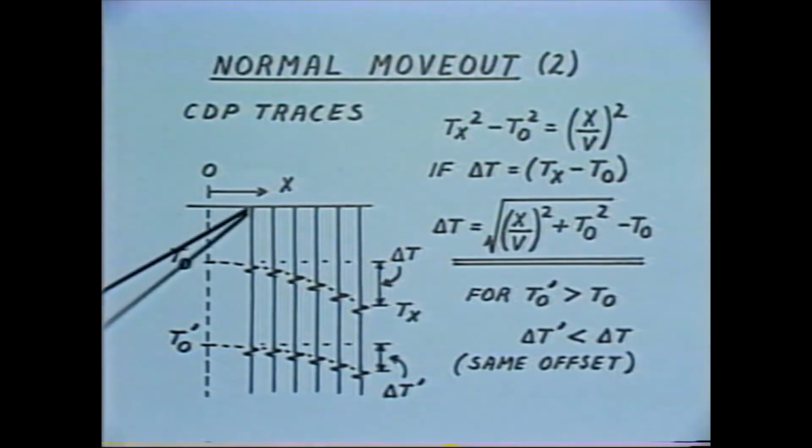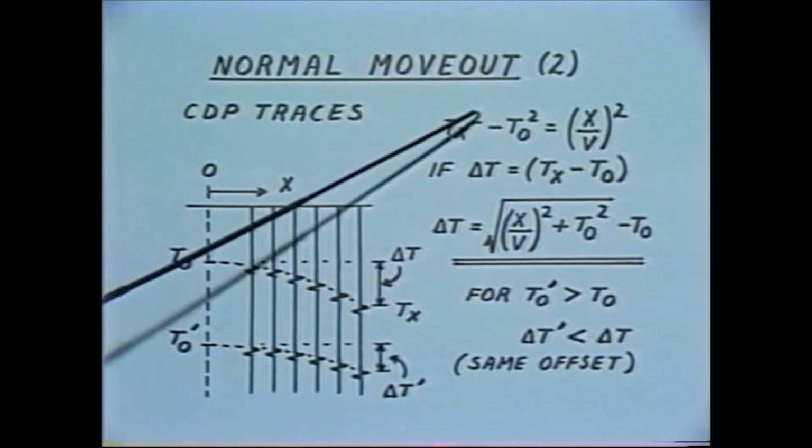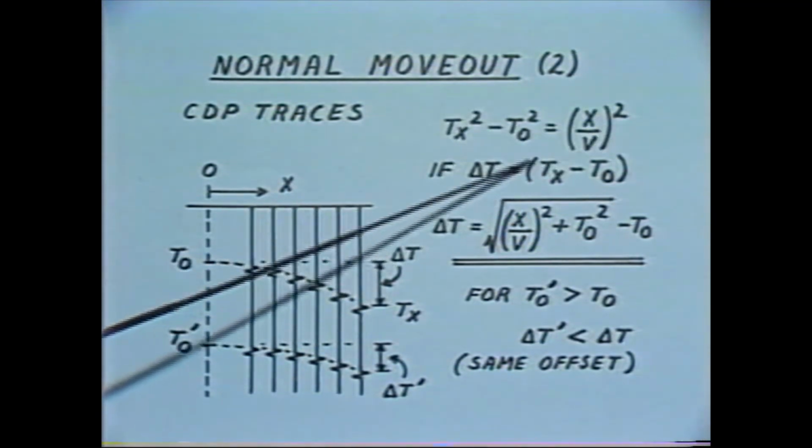Now, we're imagining a set of 6 common depth point traces and also the zero offset trace, which is a kind of imaginary trace because we don't normally have a source and receiver coincident at the midpoint. Now, we've seen that the travel times and offsets and velocities are related by this equation.